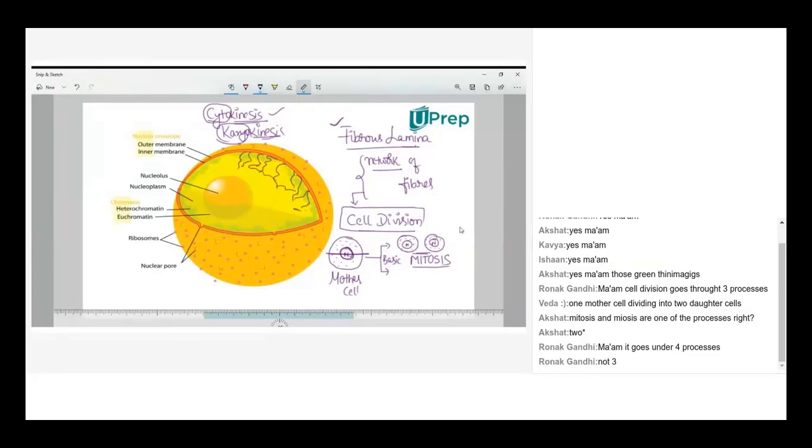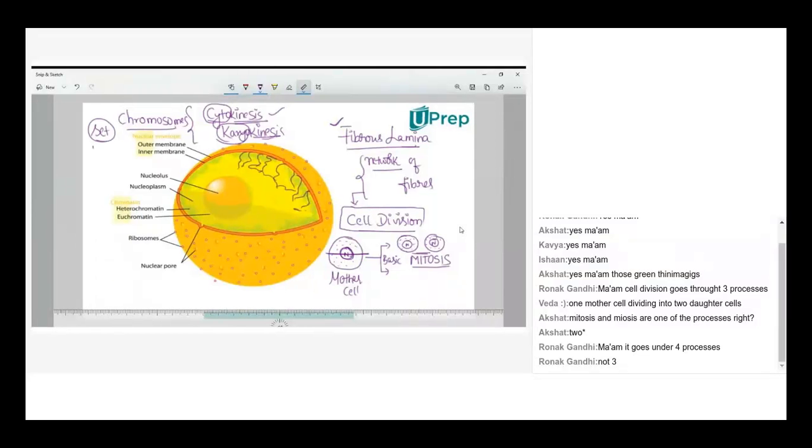Mitosis is the cell division where you will get equal distribution of all the cell organelles including chromosomes. So I'm insisting on the point chromosomes. I already introduced this word in the last session itself. When you take chromosomes, the chromosomes will be in the form of sets.